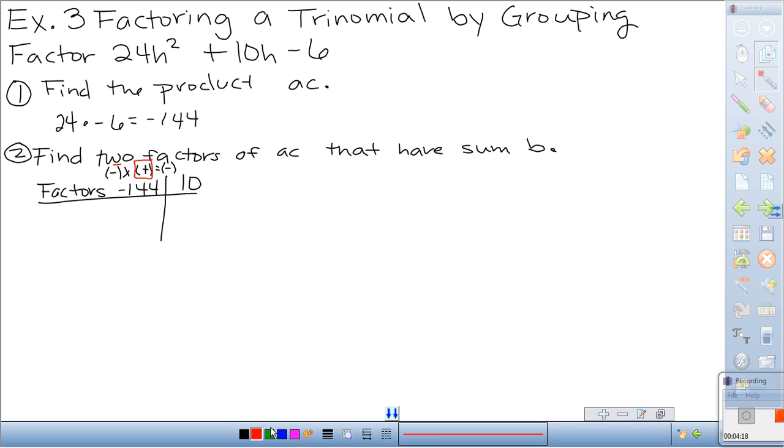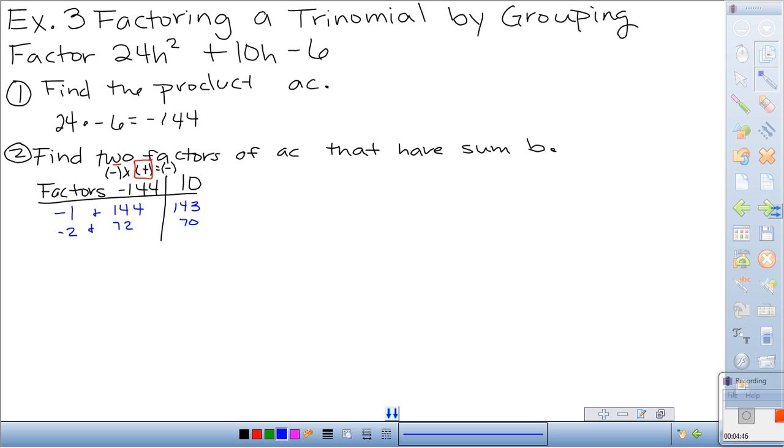There are a lot of factors of negative 144, so knowing that you need to get a sum of 10, you can probably skip the first couple. Like if you did, let's see, negative 1 and 144, that's going to be way too big. Same thing with negative 2 and 72. Again, that's way too big. So let's get down to some closer factors of 144.